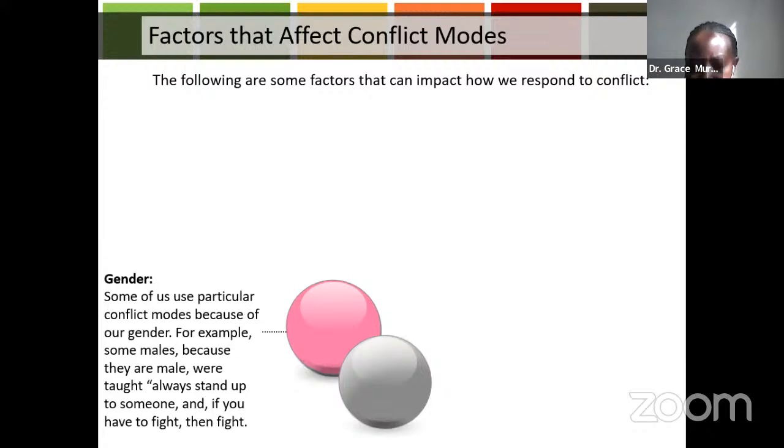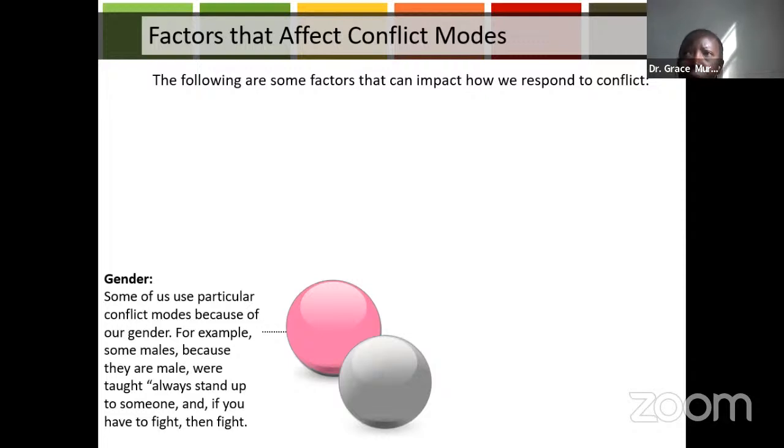Generally, we have a tendency, particularly in the African culture. Men are supposed to be macho men. They shouldn't cry. And so that kind of upbringing, that kind of culture, will make people have that domineering aspect, which can really affect how we respond to conflict.